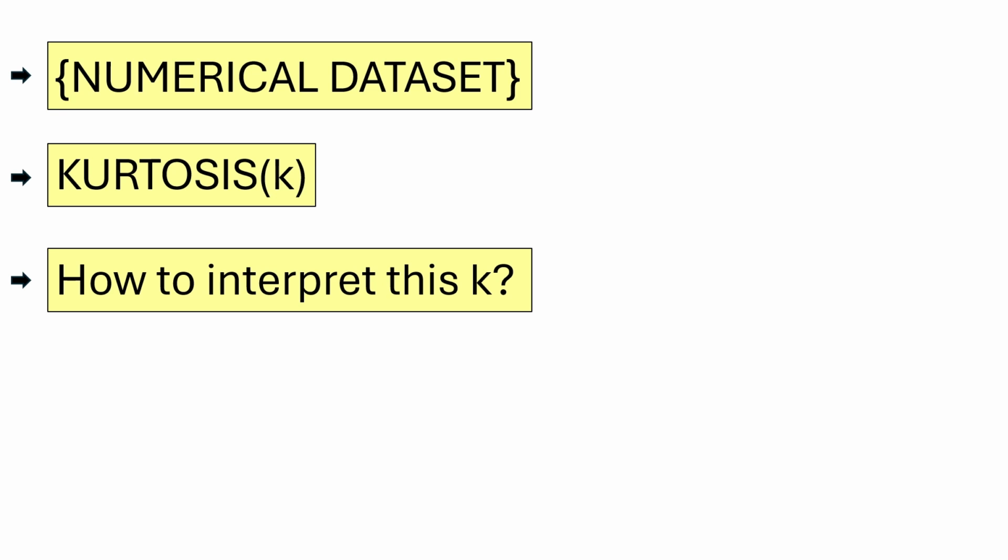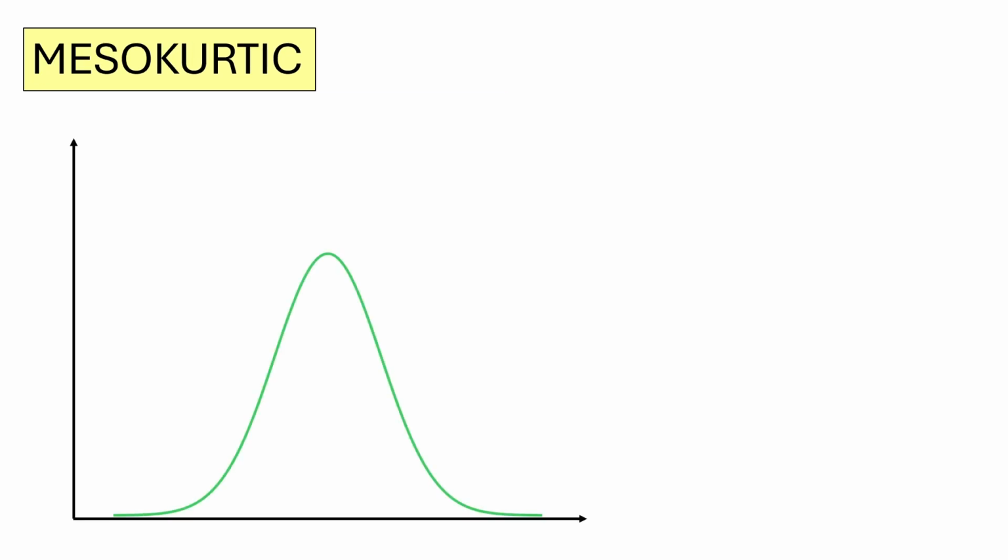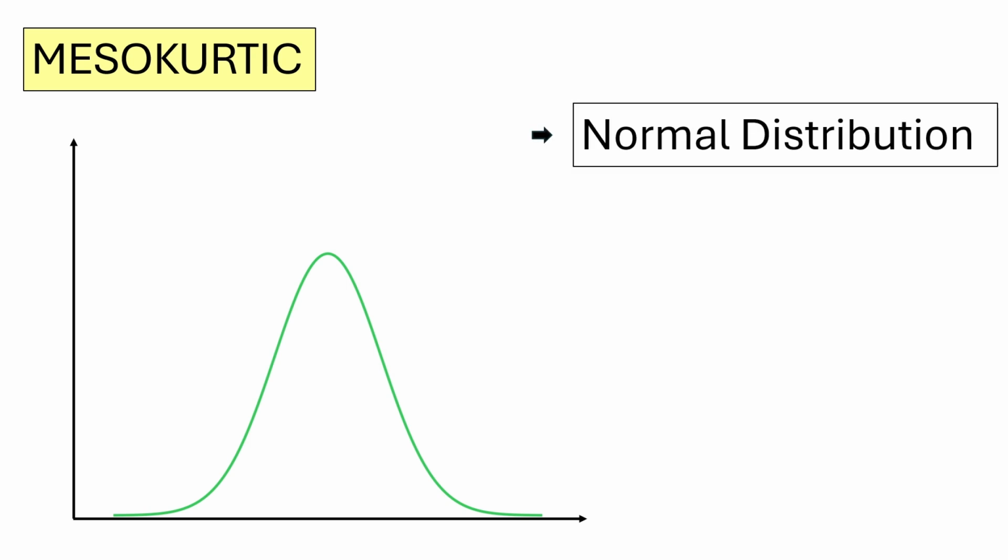For this, 3 types of standard distribution are developed based on kurtosis. The first one is Mesokurtic. Here the data distribution curve looks like a bell curve. It is the standard normal distribution curve, and its kurtosis value is 3.